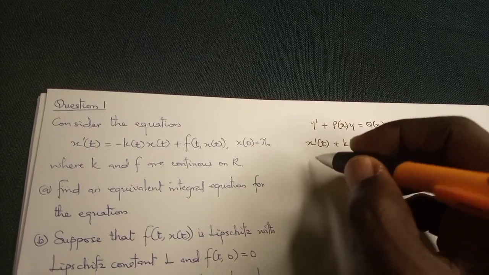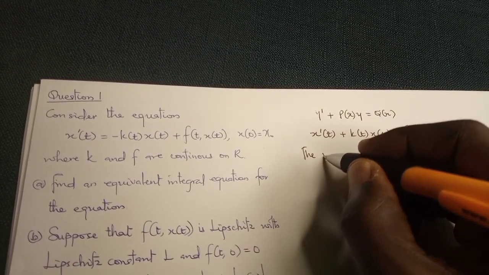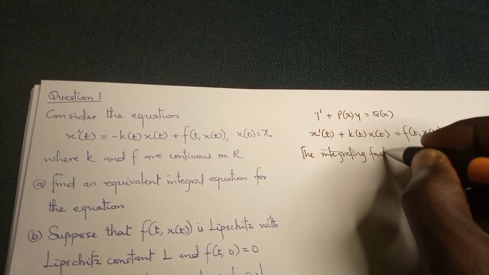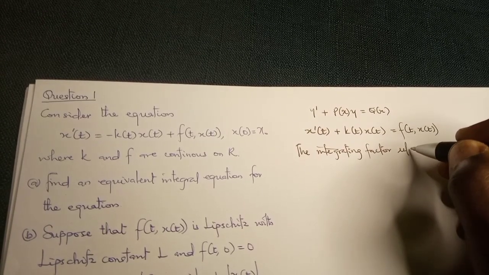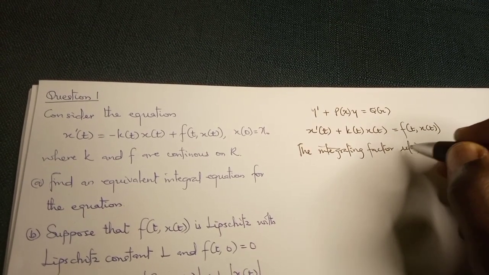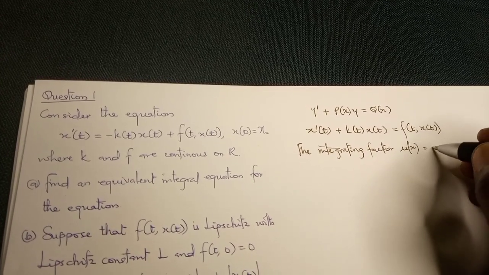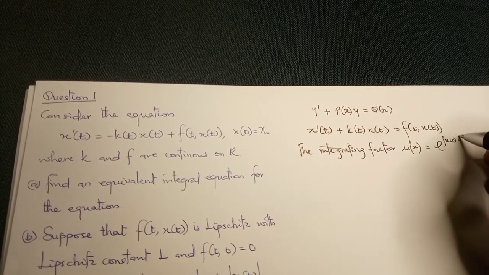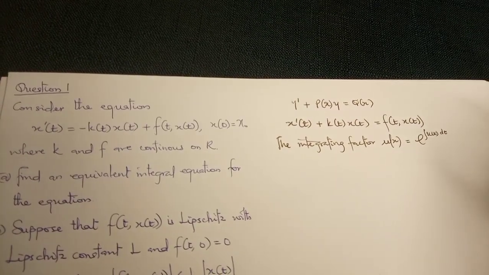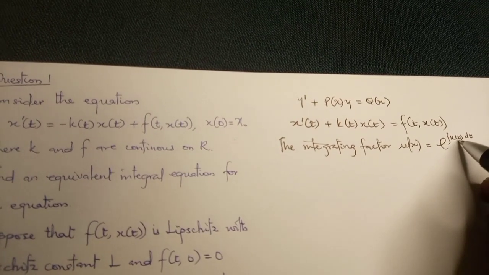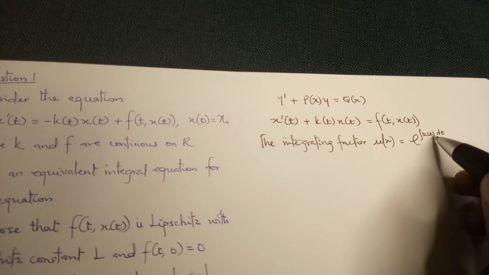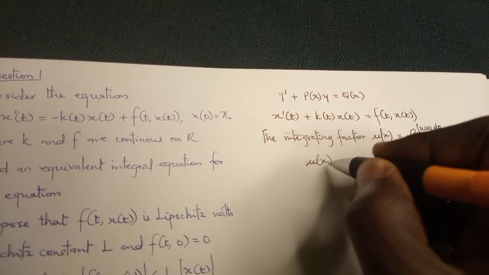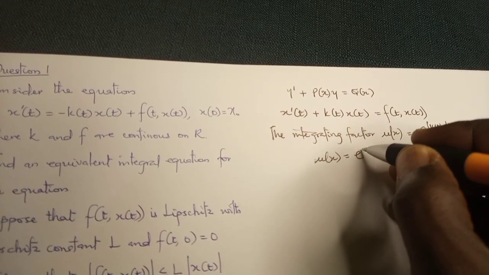So the integrating factor will be equal to e exponent integral of k of t dt. It's a constant, so we are integrating a constant. When integrating a constant, we get kt. So mu will be equal to e exponent kt.